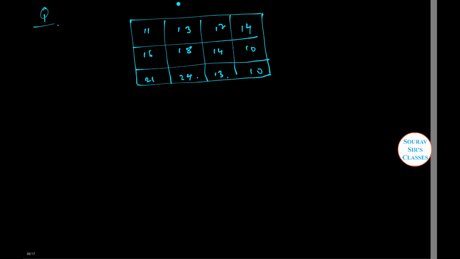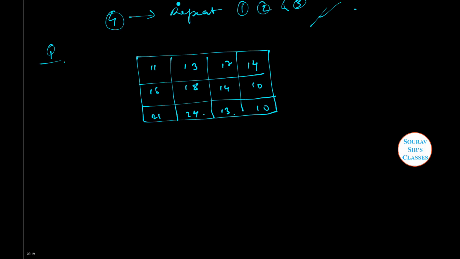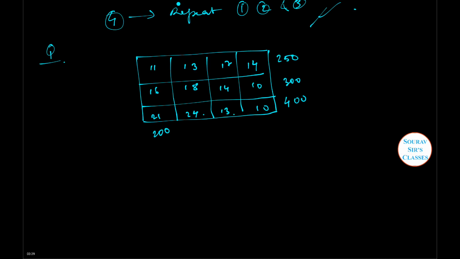Supplies are 250, 300, 400, and demands are 200, 225, 275 and 250.